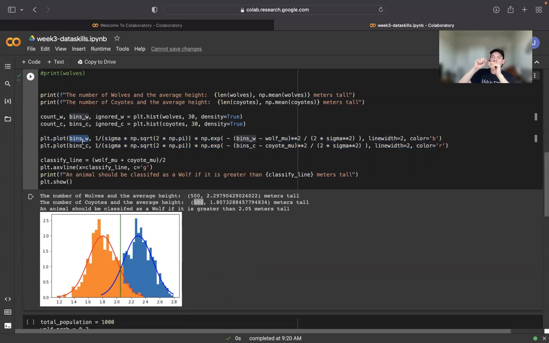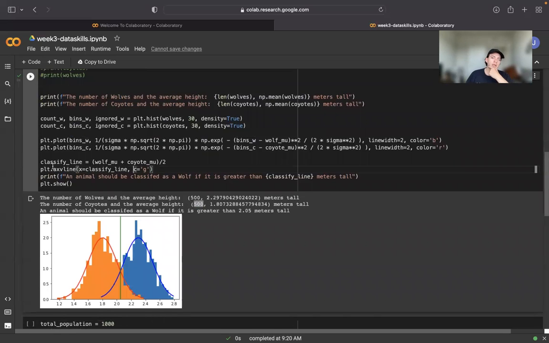So basically, what x values we want to evaluate the normal distribution at, and then we have our normal distribution function. And so this is basically plotting our red and the blue line right here based off of the mu and sigma that we gave to the wolf and the coyote populations.